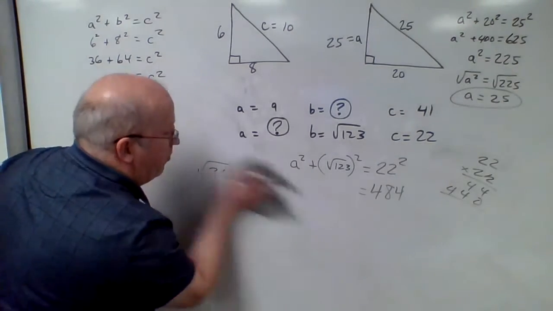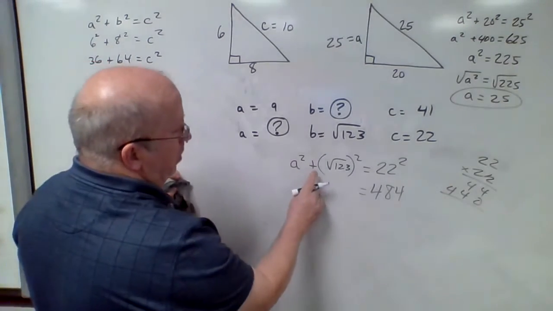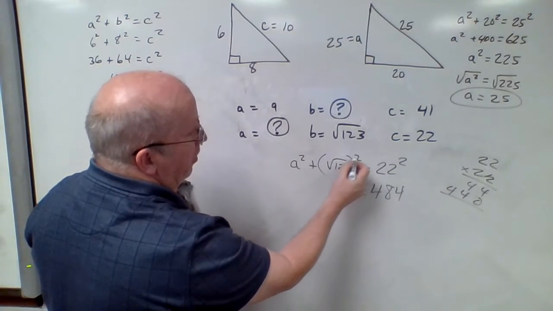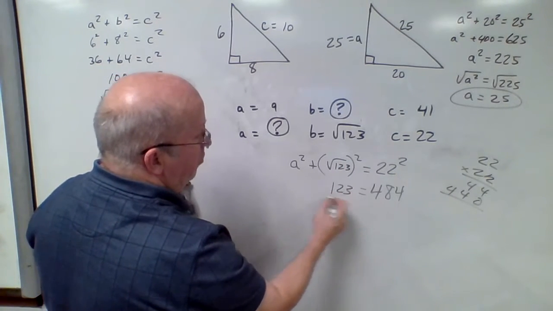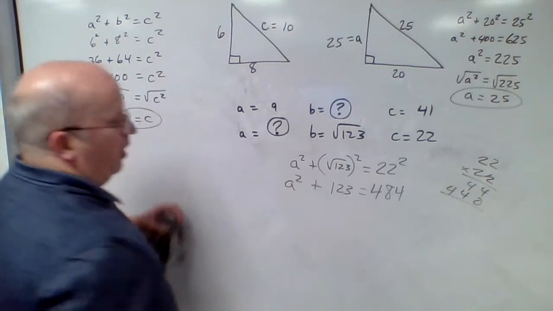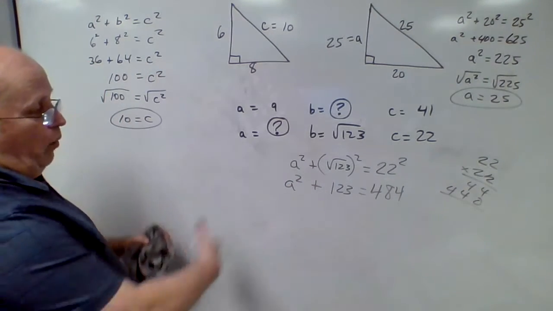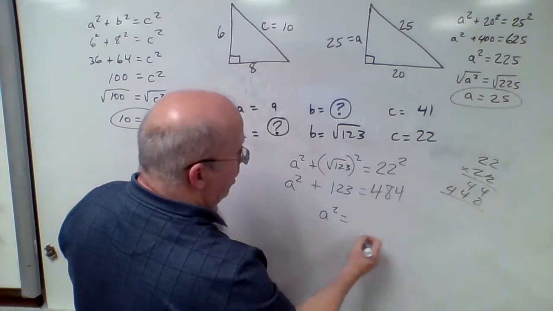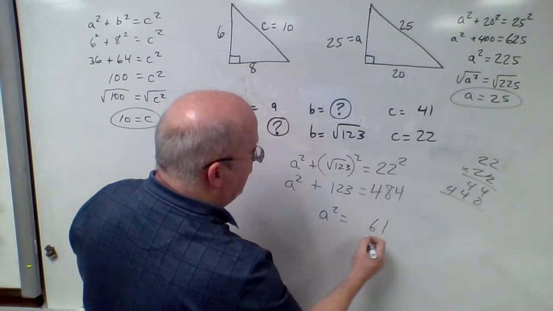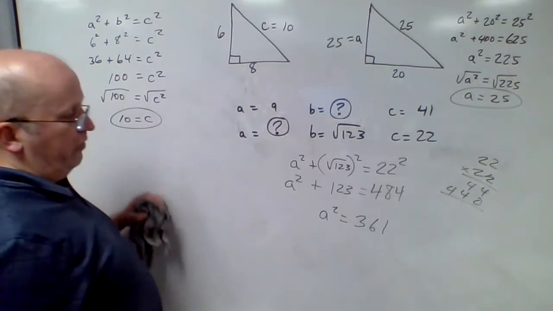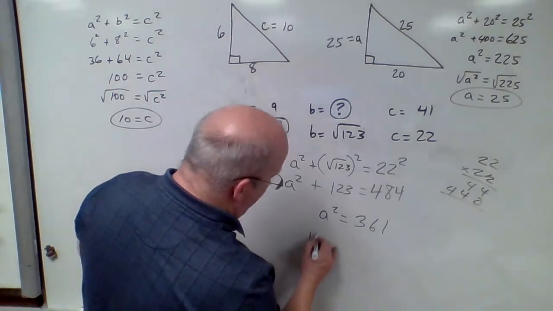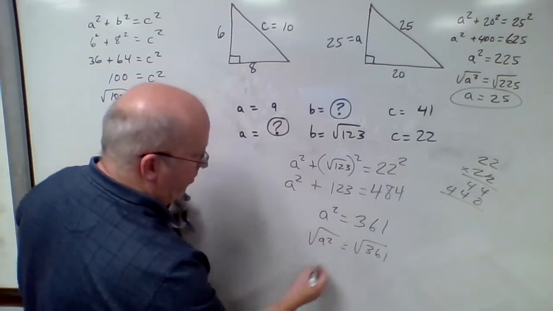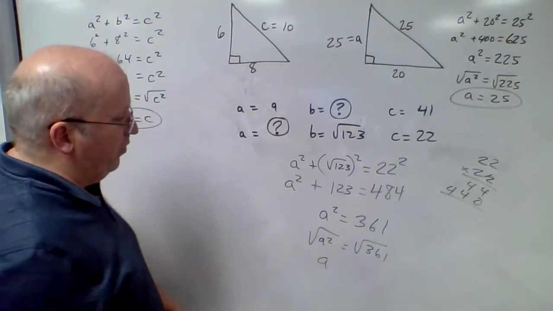So how do we proceed here? Well, the square root of 123 squared is 123, and we write it like that. Now we're going to subtract 123 from both sides of the equation. And when we do that, we get 361. At this point, we're going to take the square root of both the left and right sides, and we get a over here.